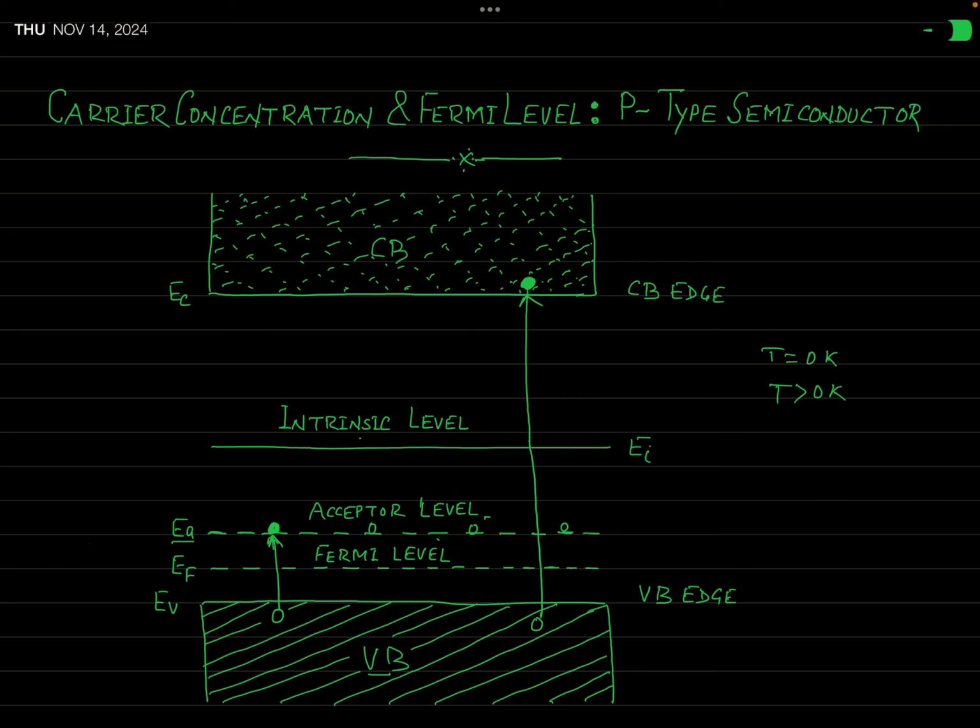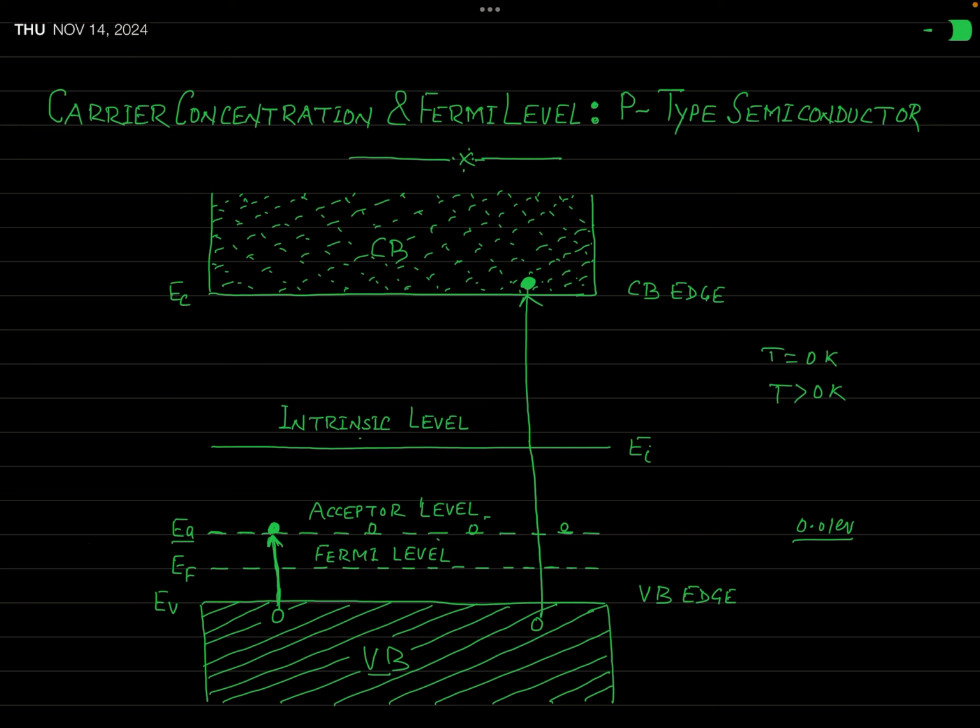As you can see, I have marked here that an electron after breaking of a covalent bond moves to the acceptor level, and a very small amount of energy, almost equal to 0.01 electron volt, is needed for this. So when there is a slight rise in temperature, that is, temperature slightly greater than 0 Kelvin, it is possible that some of the bonds in this valence band will be broken and the electrons will be released, and those electrons will move to the acceptor level.